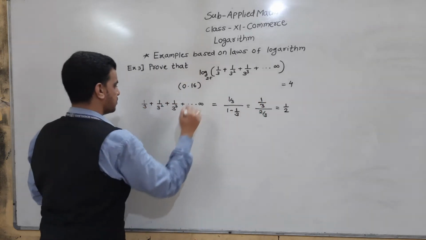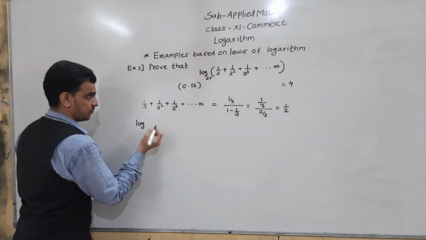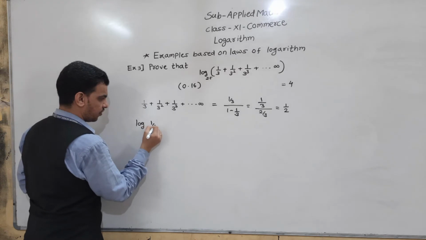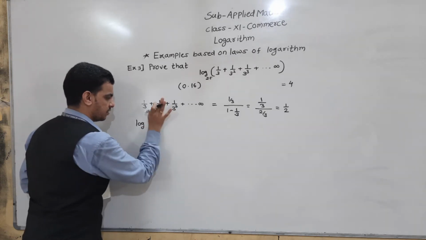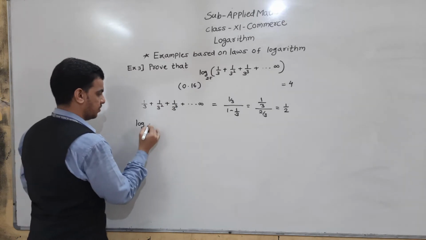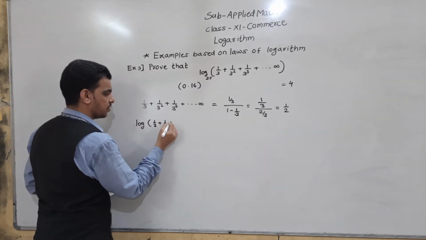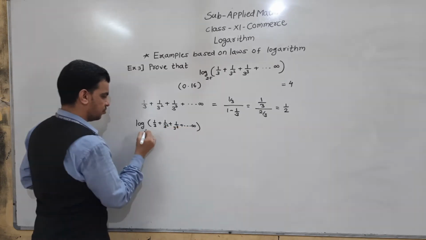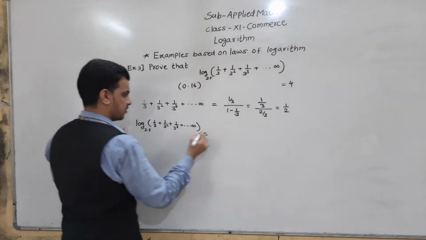Now we have to find this log of, the answer is 1 by 2. So log of 1 by 3 plus 1 by 3 square plus 1 by 3 cube up to infinity to the base 2.5. Now we have to simplify this.